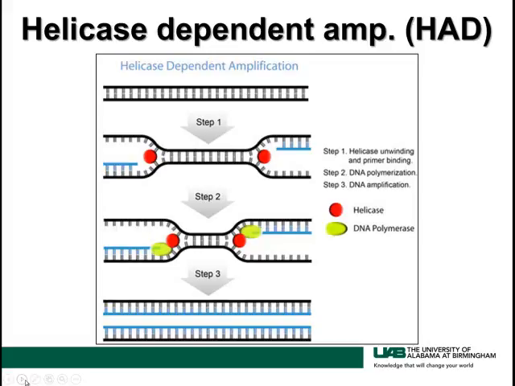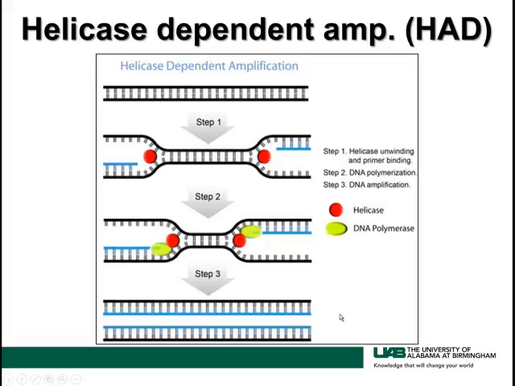Here, the amplification of a DNA template has helicase in the mixture, which will separate the DNA strands, and then the primer, which is also added, is bound to the sense and antisense strand, and then the DNA polymerase, which is also in the mixture, will begin to extend the primer.